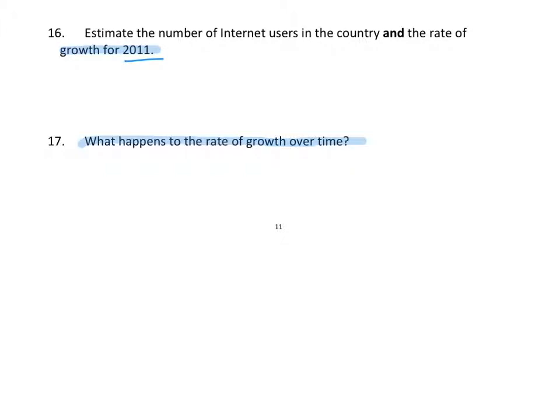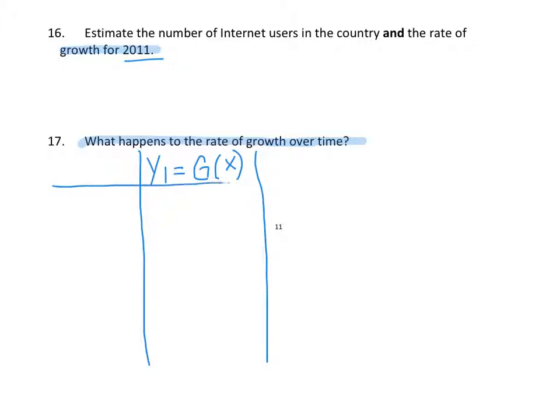So remember, what we have in Y1 is g of, we're going to have to call it x, even though it's actually t. And the first column in that table is going to be x, which is the number of years since 1990.